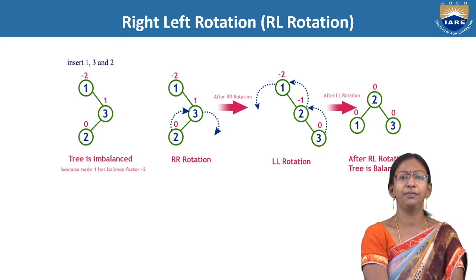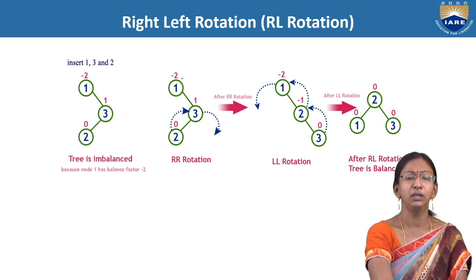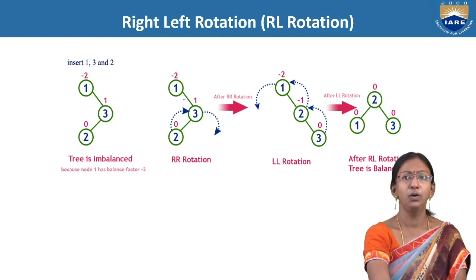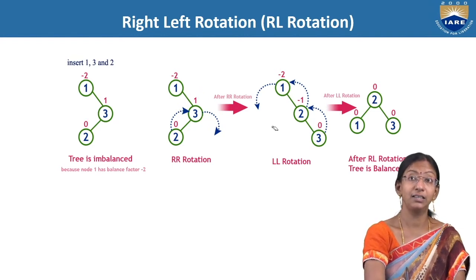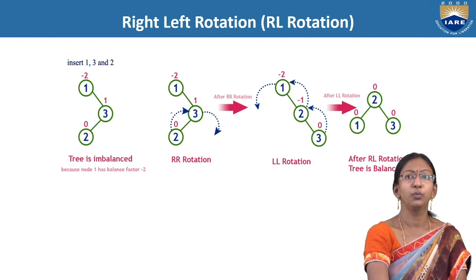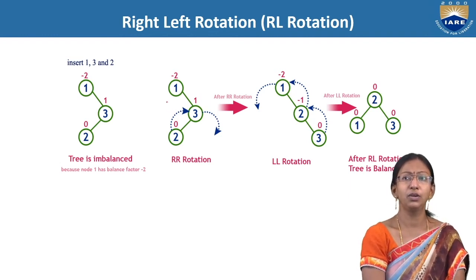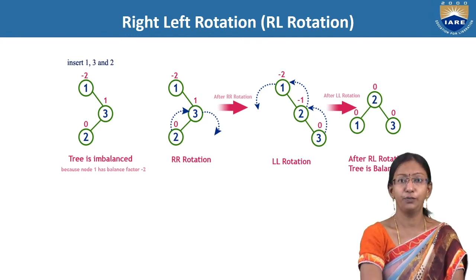Similar to left-right rotation. Okay, in view of the violated node, who is heading the right subtree? 3. So as 3 is heading the right subtree, rotate it towards right. When you pull 3 towards right, 2 is going to raise and 3 will become the right child of 2.